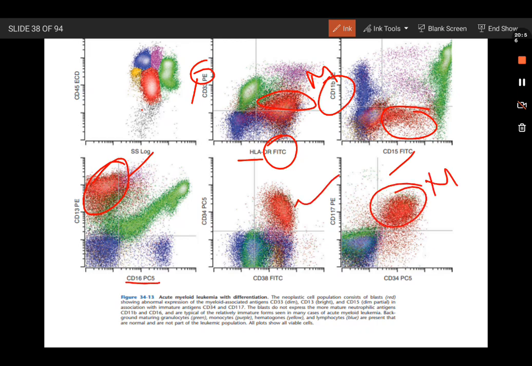CD117 again is a myeloid marker. So 13 and 33 in the previous one may have been confusing us with myeloid differentiation in leukemia, but it was not. It was a lymphoid differentiation. It was ALL, which was showing aberrant expression, which is seen. So when you see CD117 also, that is saying that it is definitely AML, but with differentiation.